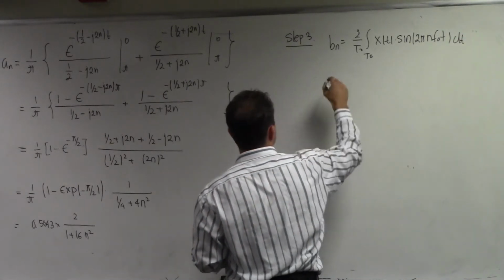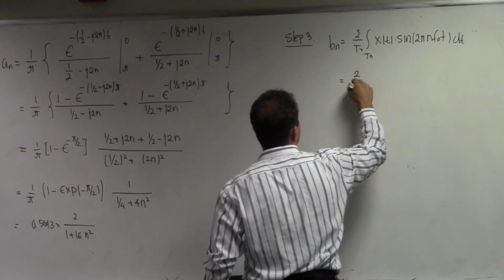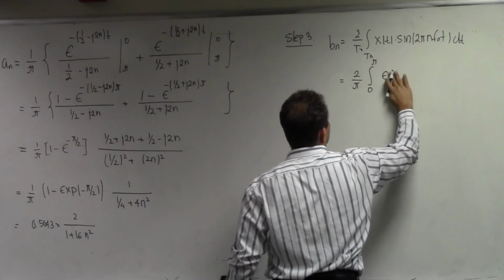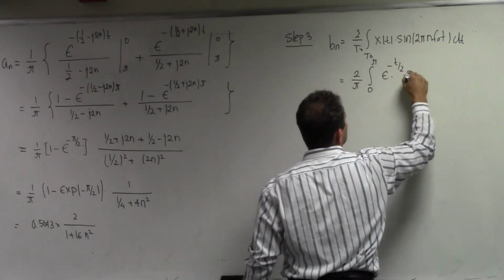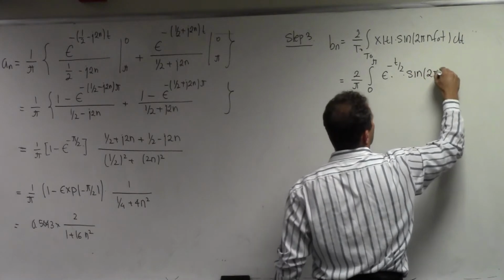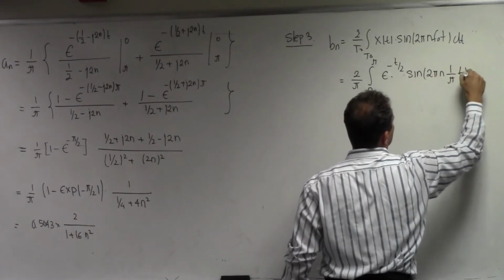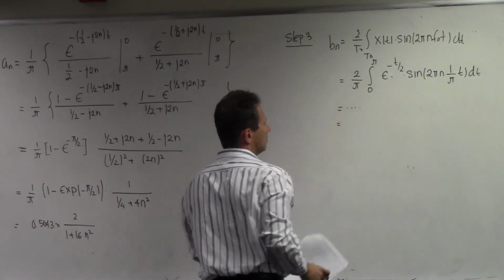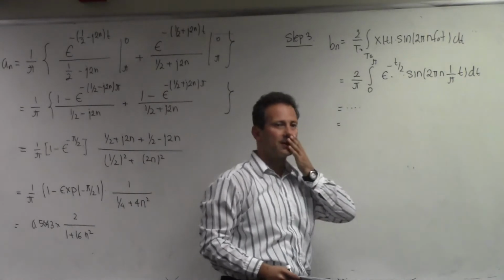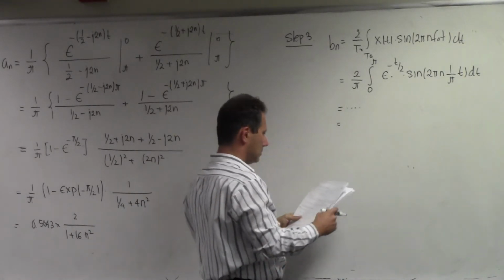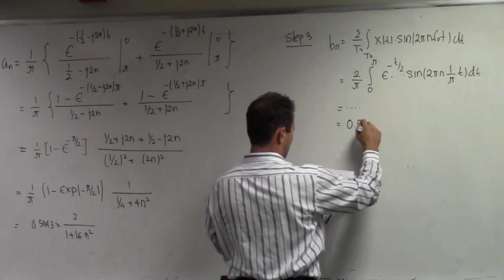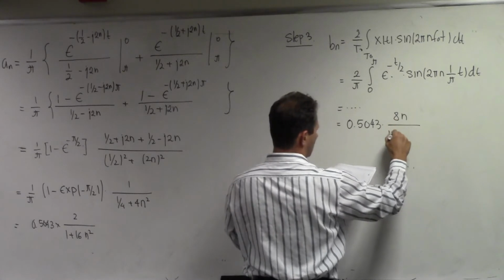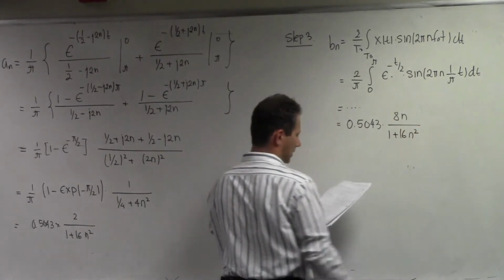And in this case, this is 2 over pi, integral from 0 to pi, e to the minus t over 2 times sine 2 pi n, 1 over pi t dt. And you will proceed in the same manner as in the previous. You will take the sine, make it 2 exponentials, and after a couple of lines, you end up with something that is 0.5043 times 8n over 1 plus 16n squared.